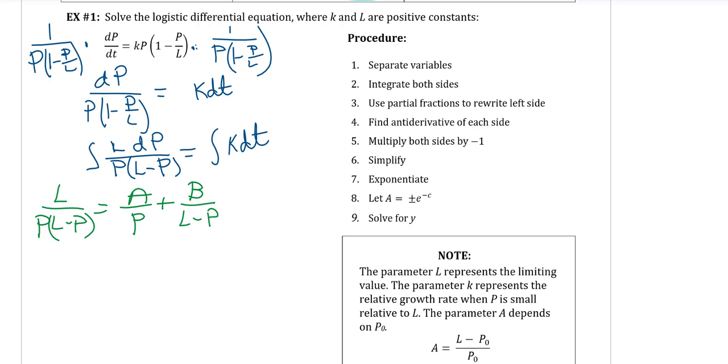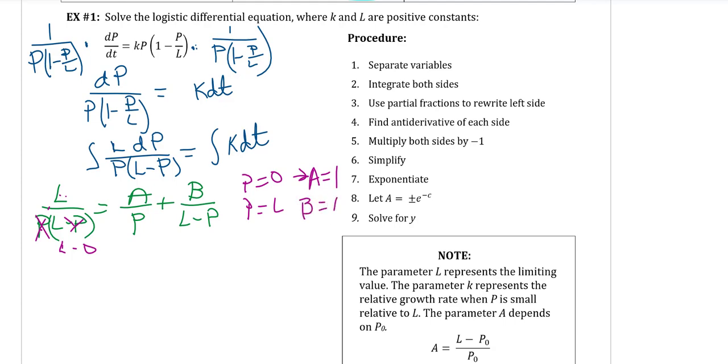And then using our little shortcut, I'm going to let p equal 0, looking at the original fraction, so I'll have L minus 0, so I have L over L, which leads me to a equals 1. And then if I let p equal L, so I get a 0 in the second one, again I'll have L over L, which will be 1, so b will be 1 as well.